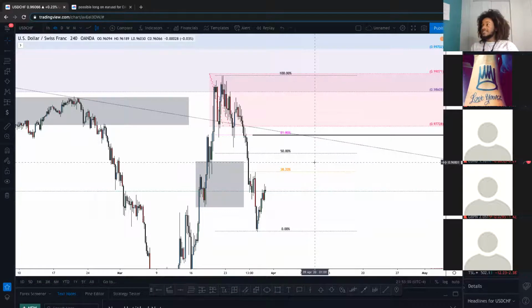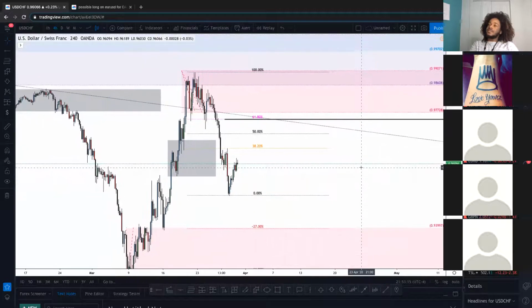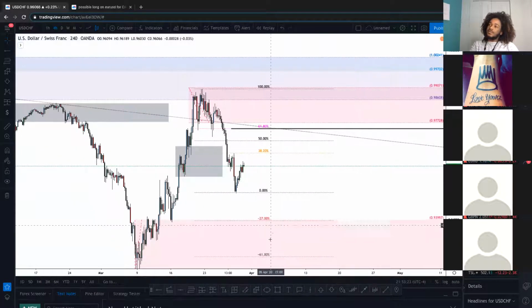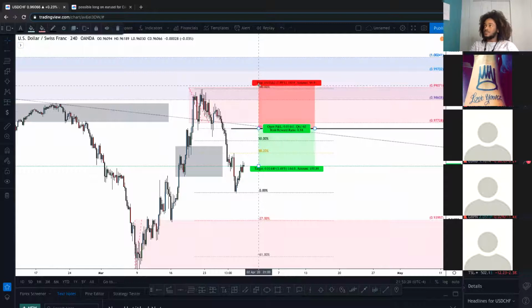So if I had to enter the trade, it would look something like this. And wouldn't you know, our negative 27 lines up exactly with our daily demand, right? So I'd probably enter early here because, you know, sometimes the price doesn't always get to those levels.